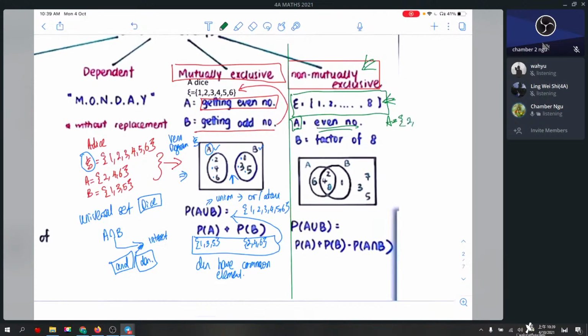So we get 2, 4, 6, 8, right? Then set B is a factor of 8. Can you tell me what the factors of 8 are, between 1 until 8? Tell me the factors of 8. Can everybody write down your answer in the chat box? Factor of 8.